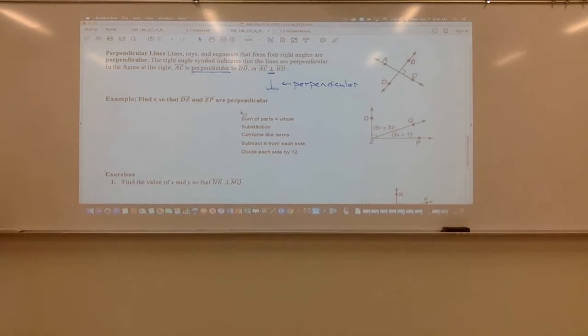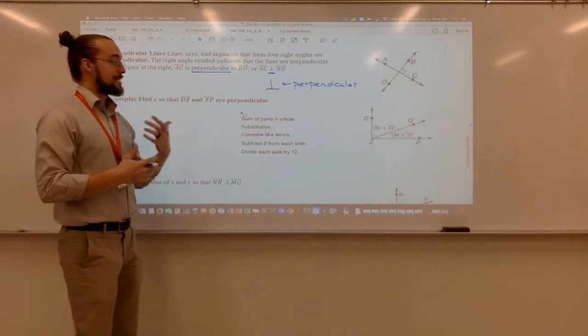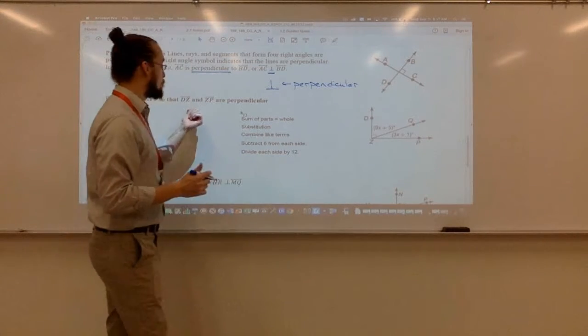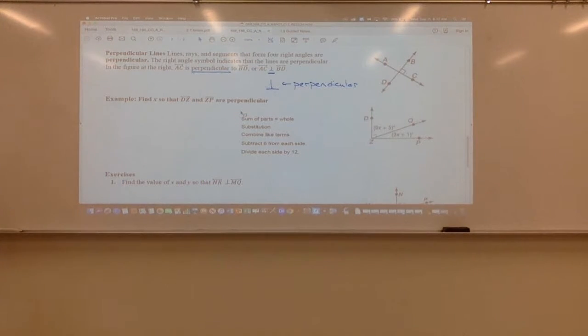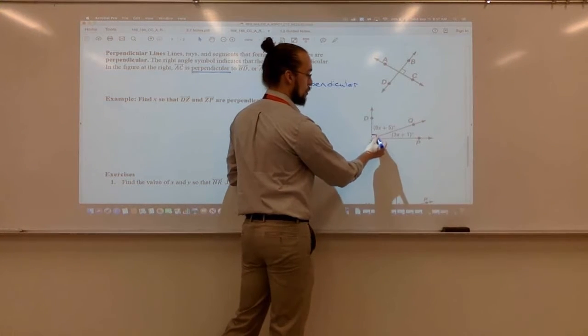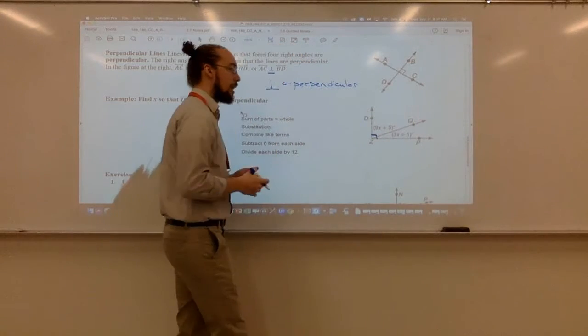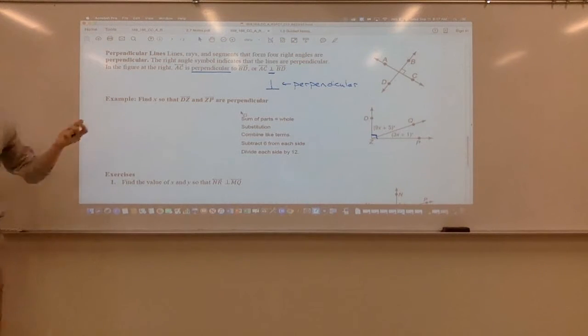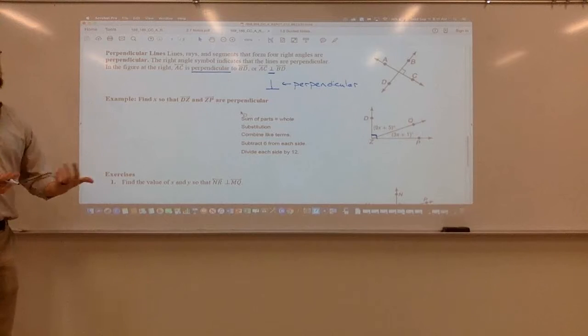Right. So, if we're looking at example 1 here, what I'm told is that DZ and ZP are perpendicular. Perpendicular means they meet at a 90-degree angle. So if I know that they meet at a 90-degree angle, and I'm given expressions for the two smaller angles, for DZQ and PZQ, how could I set up an equation here?